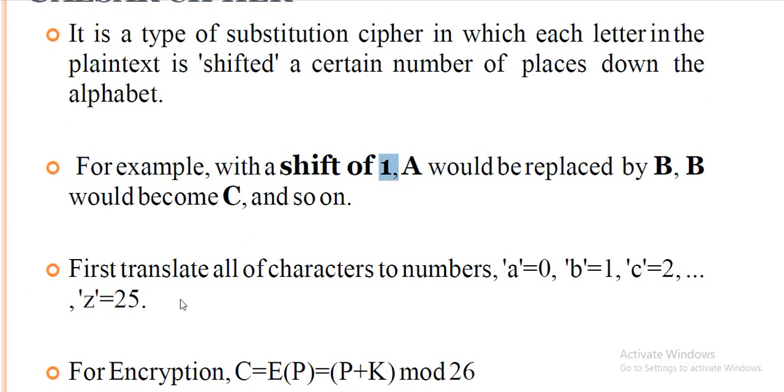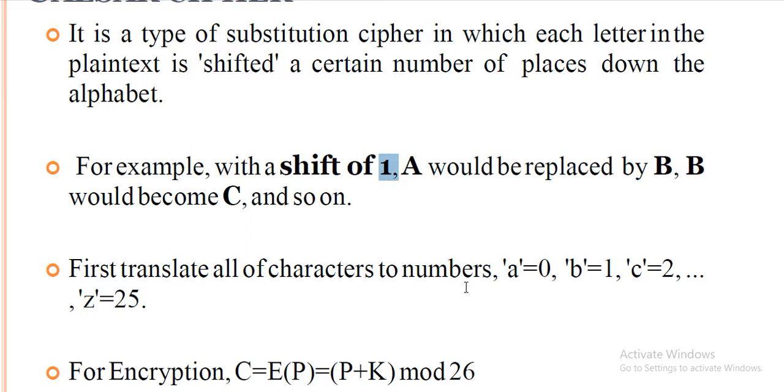First, translate all the characters to numbers, because counting everything is very tedious. Say, for example, M is given to you, and finding which number M stands for in the alphabet is very difficult. So, what you need to do is, from A to Z, just write down A equals 0, B equals 1, C equals 2, and so on, Z equals 25.